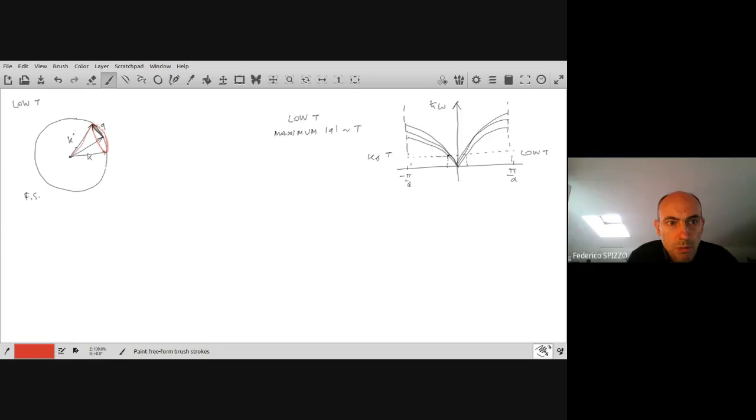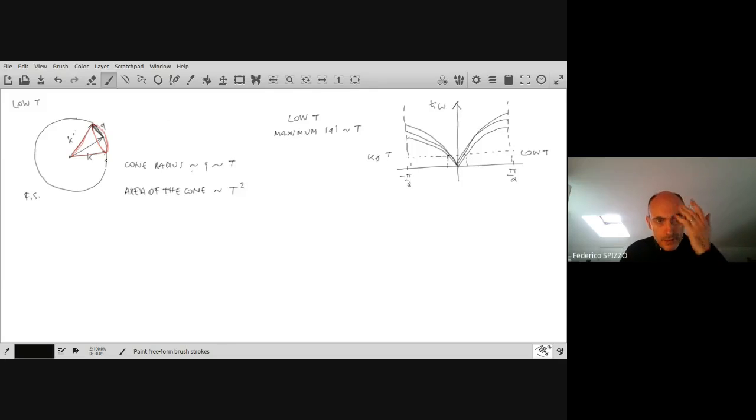We have a cone where all the possible final states for the electrons can be found, and the cone radius is proportional to Q, but we know that Q is proportional to T, so the cone radius is proportional to T. If the radius of the cone is proportional to T, that means that the area of the cone is proportional to T squared.